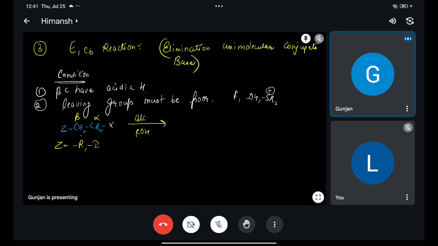The carbanion is formed after hydrogen elimination because alcoholic KOH is a base. The base removes the hydrogen from the beta carbon. If H positive is removed, carbon gets a negative charge, which is stabilized by the electronegative Z. Getting it or not? I will explain, no issue. Just look into the reaction and you will get the answer.